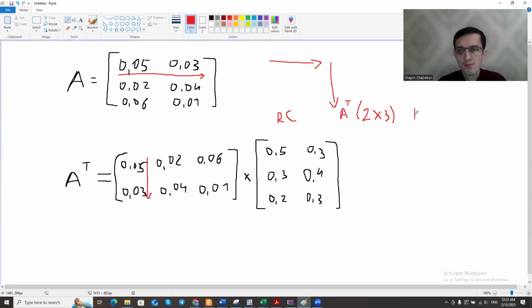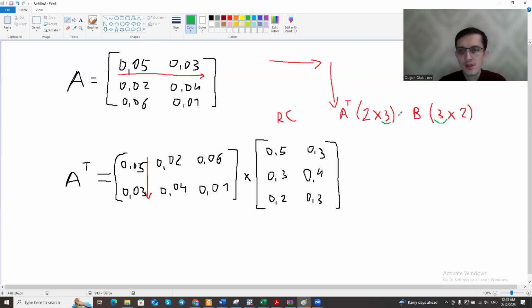What about the matrix B? I have 3 rows and 2 columns. And the rule says that the number of columns of the first matrix, which is 3, should be exactly the same as the number of rows of the second matrix, matrix B in our case.